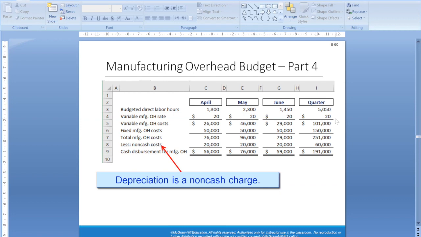After the production budget, we prepare the raw materials budget, number 4, and then number 5, after raw materials, we prepare the cash disbursements budget. Number 6, we prepare the labor budget. Number 7, we prepare the manufacturing overhead budget.